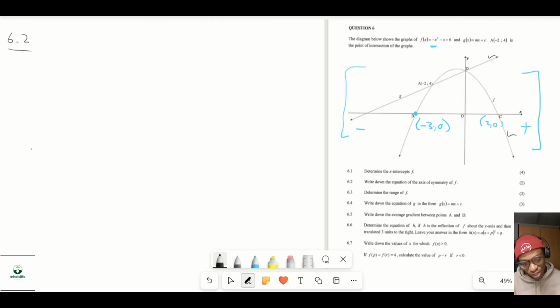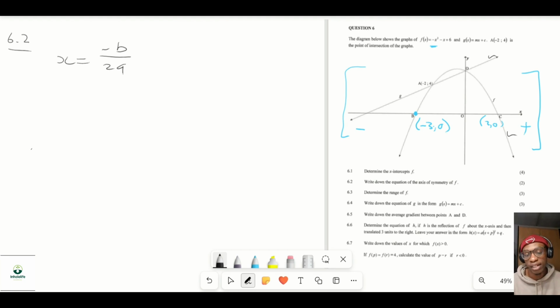Our 6.2 says, write down the equation of the axis of symmetry of f. Right now I'm assuming that every student who has watched my previous video on quadratic functions understands how to answer this question. Remember that I introduced this equation to you: x is equal to -b over 2a.